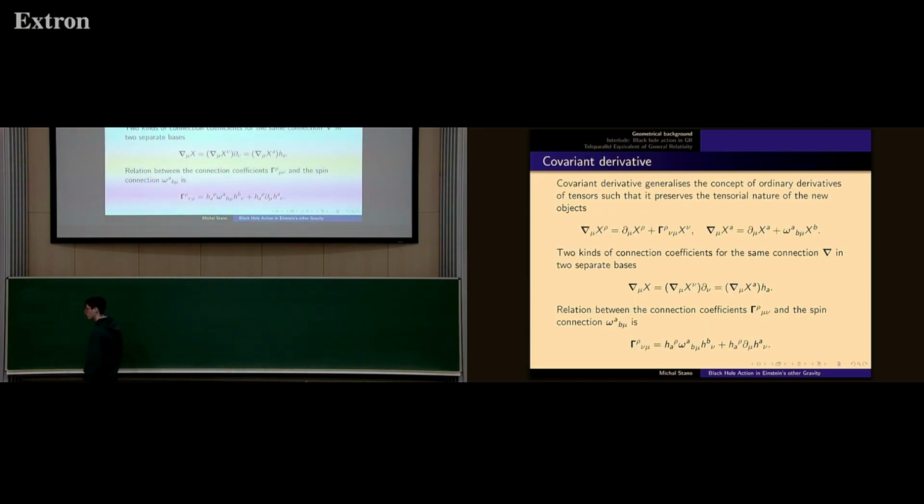Okay, so as we aim to derive a theory of gravity within teleparallel geometry, it turns out that the covariant derivative will prove to be crucial in our endeavors. Therefore, as we've been talking about two kinds of bases, we need to specify how this covariant derivative acts on these two types of bases.